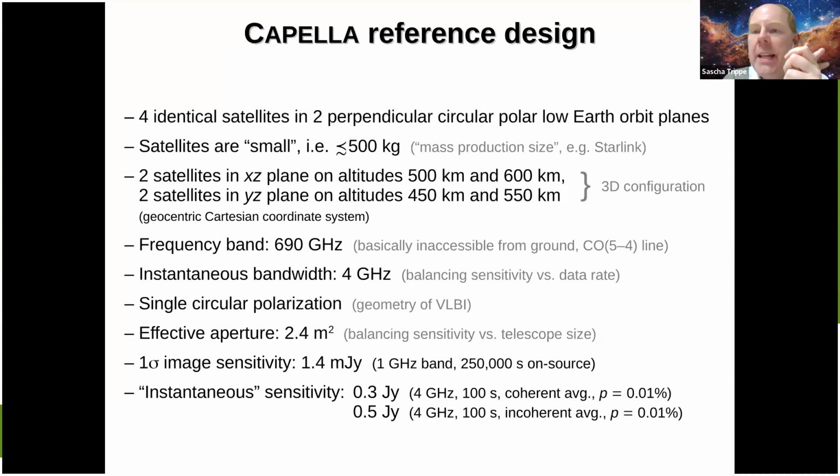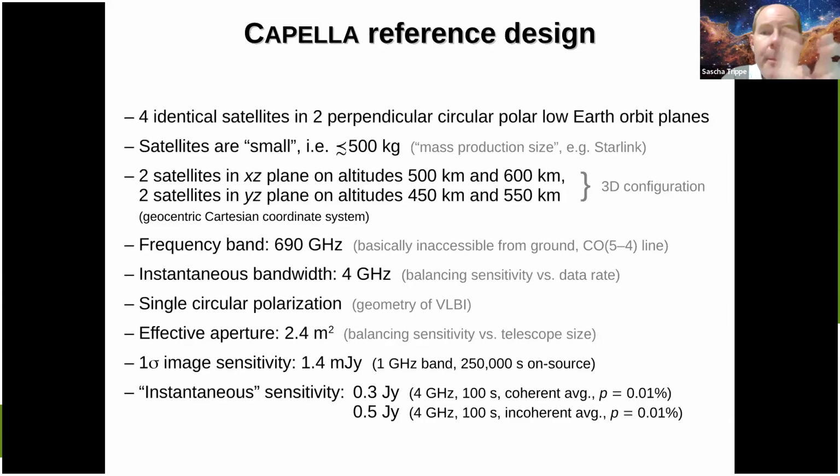Which makes things a bit easier in terms of, for example, planning and launching those satellites, because 2 satellites can share, right, if they go to the same orbit plane. So, it's 4 satellites. When we thought about a name for this project, we came up with Capella. It's a famous quadruple star. We have 4 satellites, and so this is why we called this observatory Capella or Project Capella.